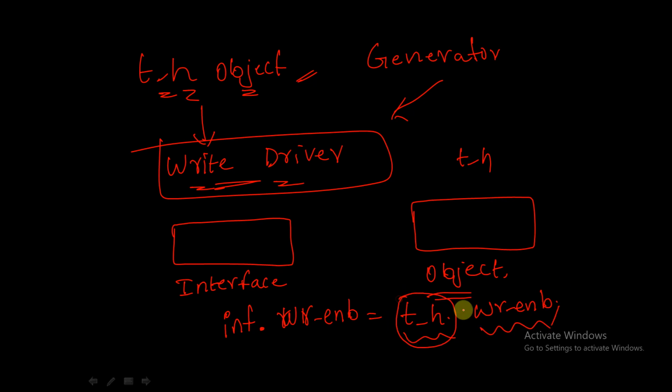We have write enable, write address, write data, all the write signals we are extracting from this object t_h with the help of the handle name, and we are giving it to the interface, inf dot write_enable. We are accessing the properties present inside our interface with the help of this interface handle.